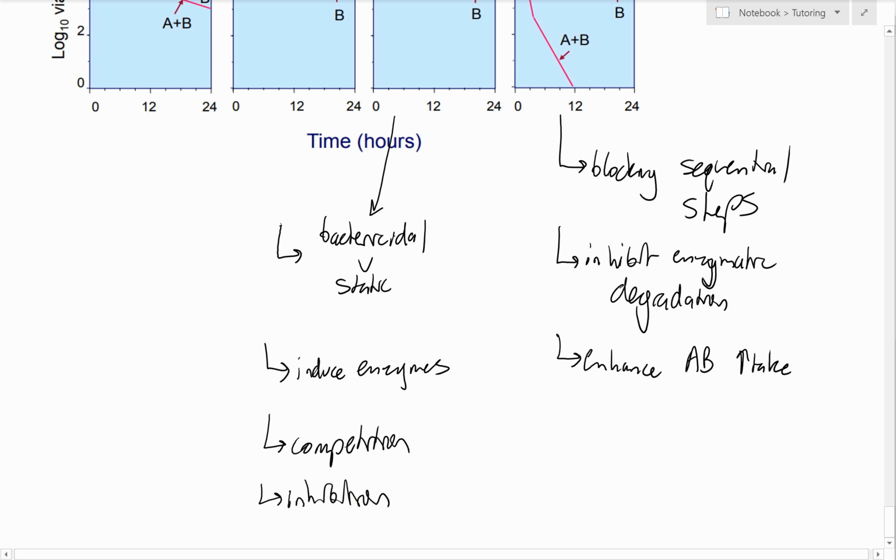The example of this is actually in a fungus. So polyene is an antifungal that binds to sterols in fungal cell membranes. Imidazole is a drug that interferes with sterol synthesis. So if we add them both together, the imidazole is actually going to antagonize the polyene because it's going to remove the sterols that the polyene binds to, and therefore you're not going to see a good effect.